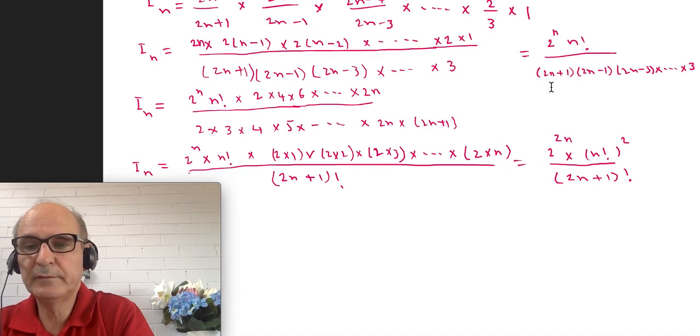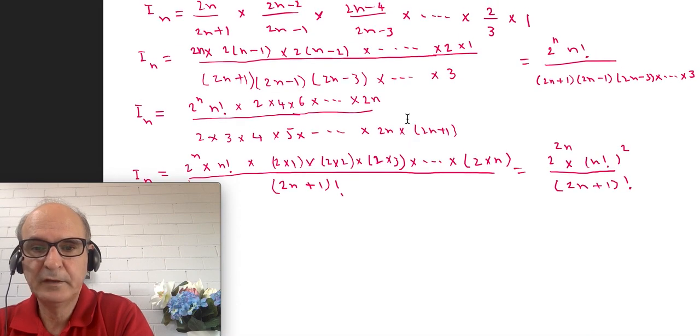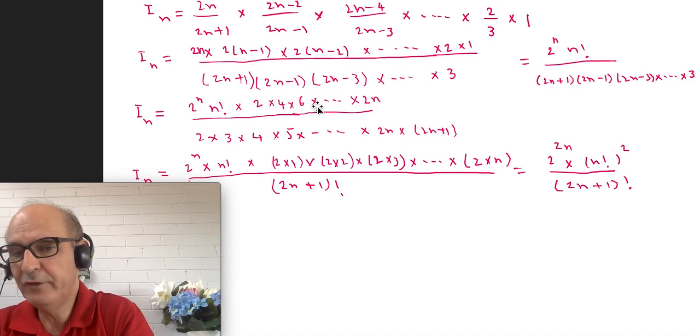If you put values for n here, you will end up with 2 times 3 times 4 times 5 times up to 2n times 2n plus 1. What has happened here? How do I get from this to that? I had 2 to the power of n and n factorial, and I'm multiplying the top and the bottom by even numbers.